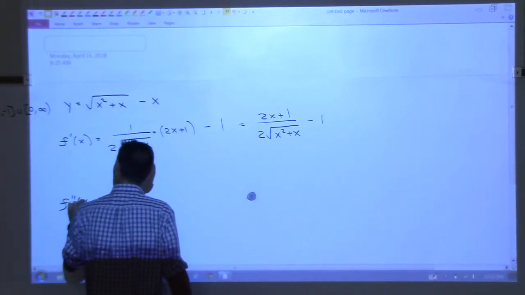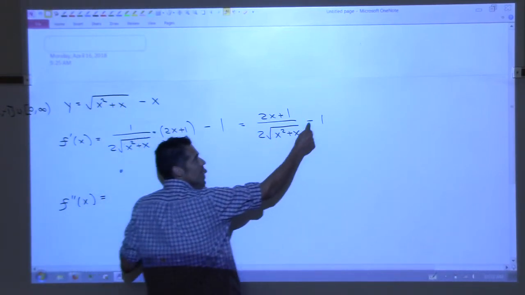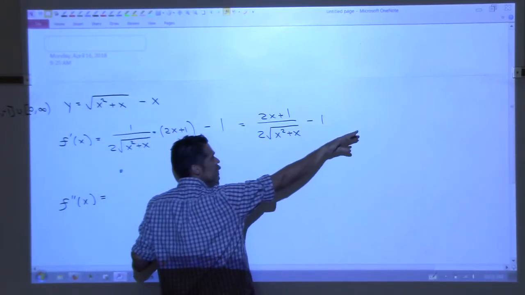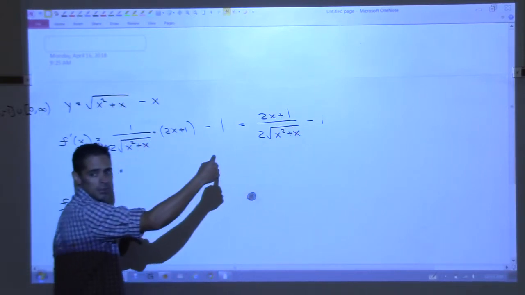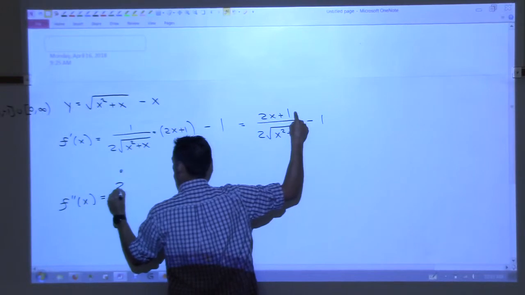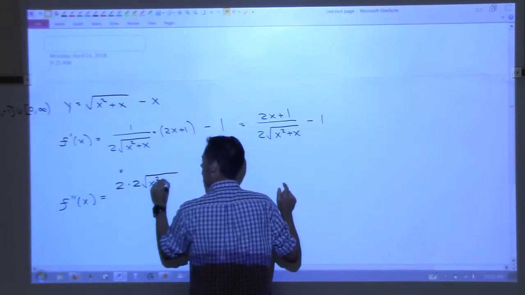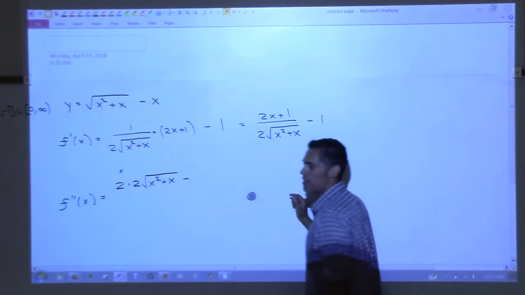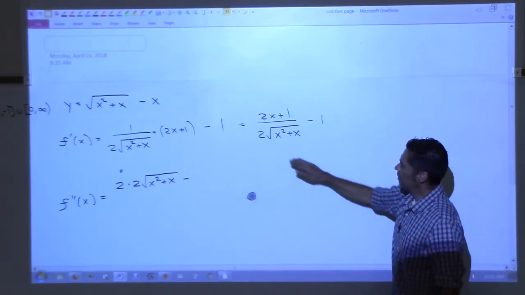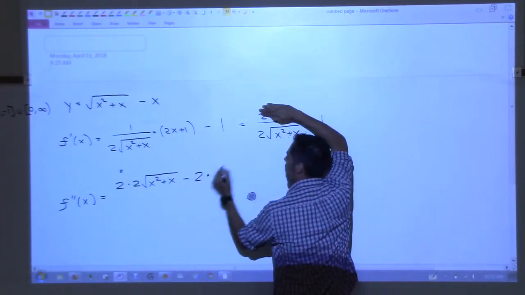Second derivative. I need to take the derivative of this. So that part's done, right? That's 0. Who cares? This is quotient rule. Right? Quotient rule. So derivative of the top times the bottom minus the derivative of the bottom. Ooh. So the 2's out there for the ride. This is the 2.